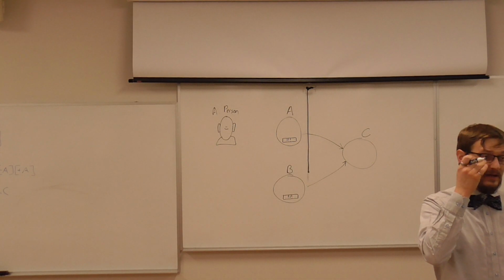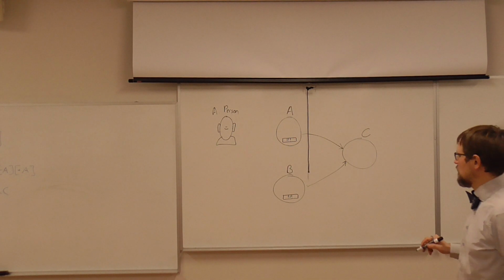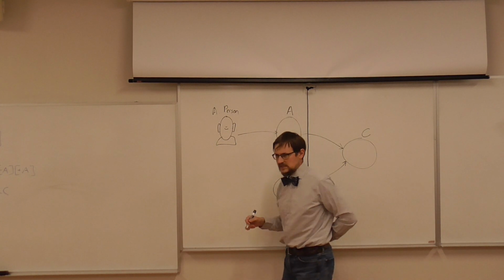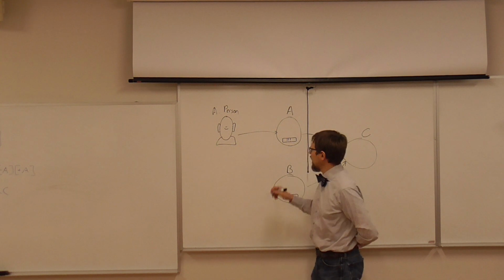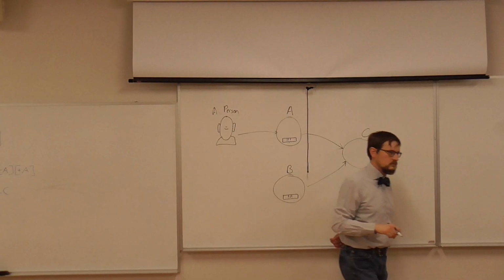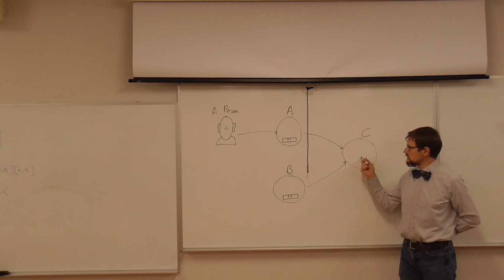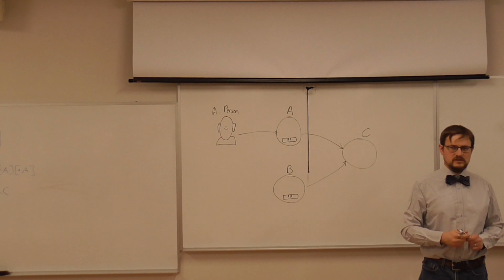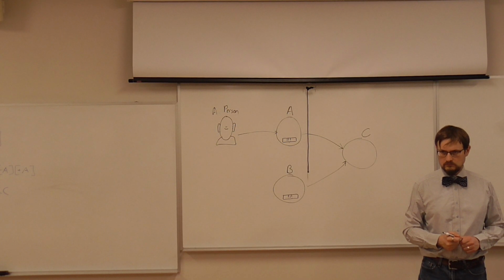So the question that arises is, if a person is visiting website A and clicks on that banner ad, how does website C know where the person arrived from, right?